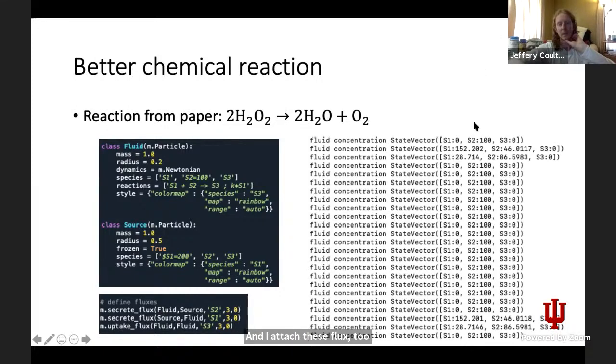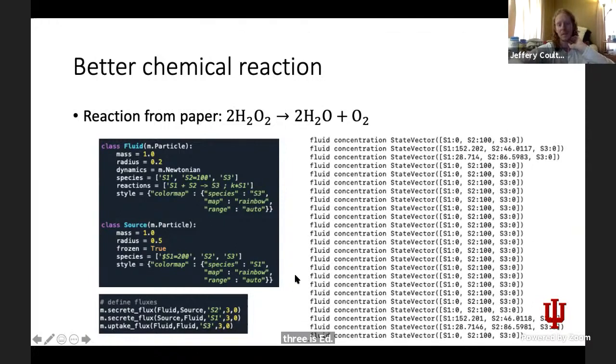And when I run the simulation, there seems to be a reaction because you have the fluid with this S2. I printed out the fluid concentrations of a bunch of particles. And they seem to pick up the S1 and the S2 goes down. So I assume there's some reaction going on, but there's no S3 and I have not been able to figure out where S3 is at.